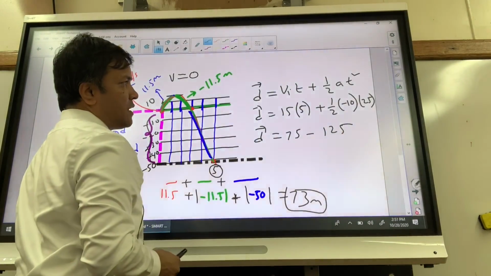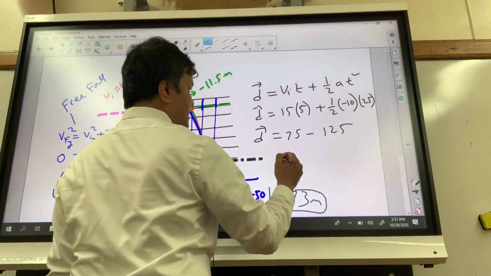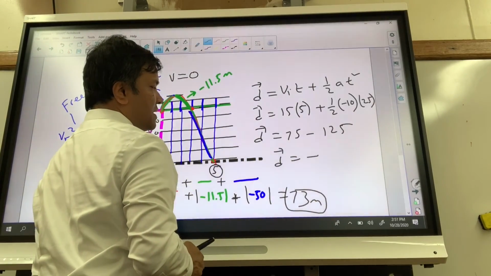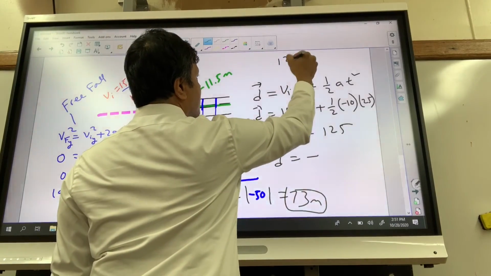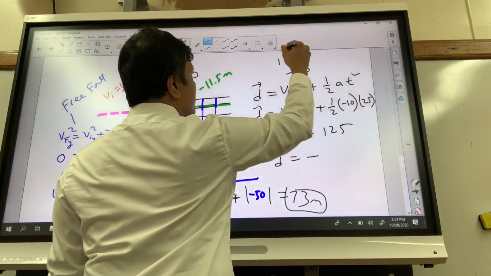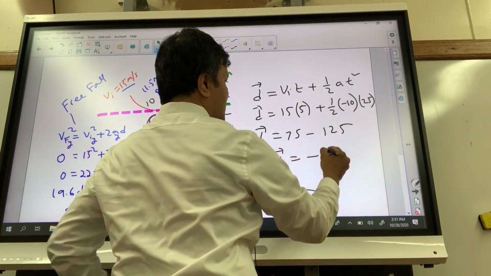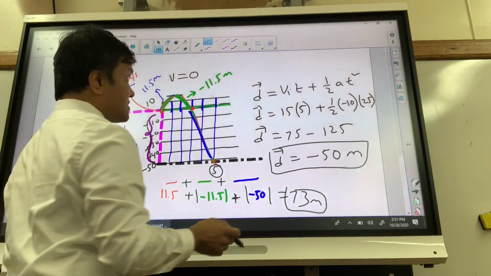Is it negative 50? Voila. So d is negative 50 meters. How does that make sense? Let's see.